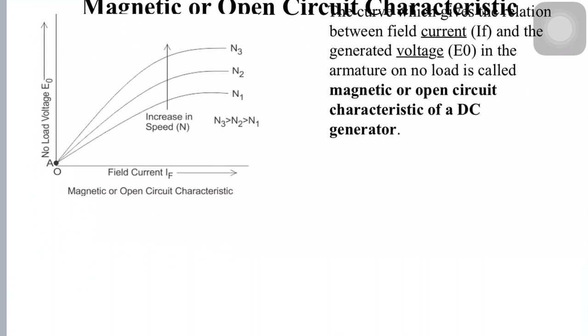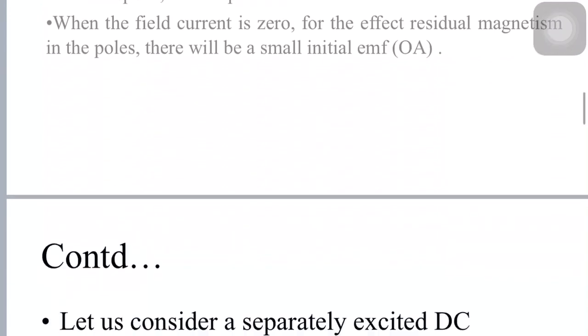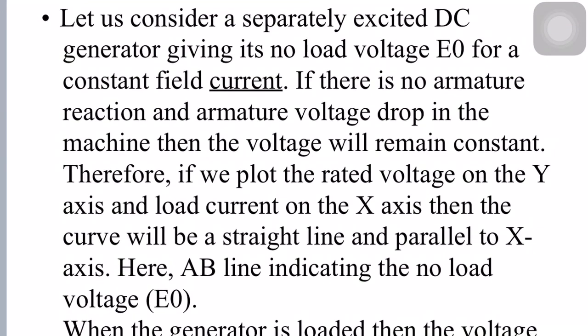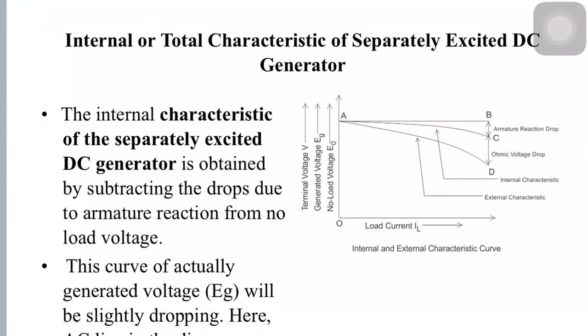Afterwards we can observe some steepness in the curve, and finally the poles come to magnetic saturation and it levels off. Next, if the generator is loaded, there is some voltage drop, mainly due to armature reaction drop and ohmic drop.